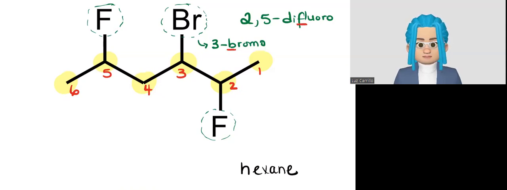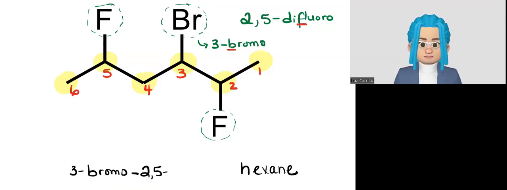The prefixes di, tri, tetra, for saying multiples of the substituent are not considered in alphabetization. So taking this into account, B in bromo is alphabetized first. So we say 3-bromo. Next, we have the 2,5-difluoro. And then our parent chain, which is hexane.